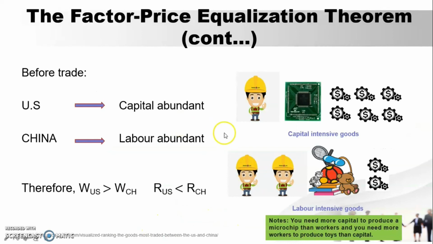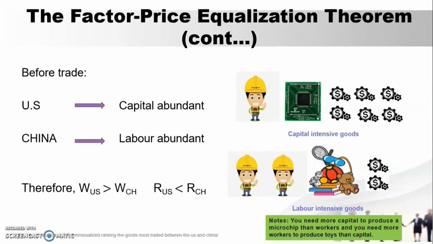Let's say, for example, both countries produce goods. The US produces microchips and China produces toys. According to the picture, you can easily understand that you need less labor and more capital to produce microchips, whereas to produce toys, you need more labor but less capital, as we all know that toy production requires only a small amount of capital to begin with.